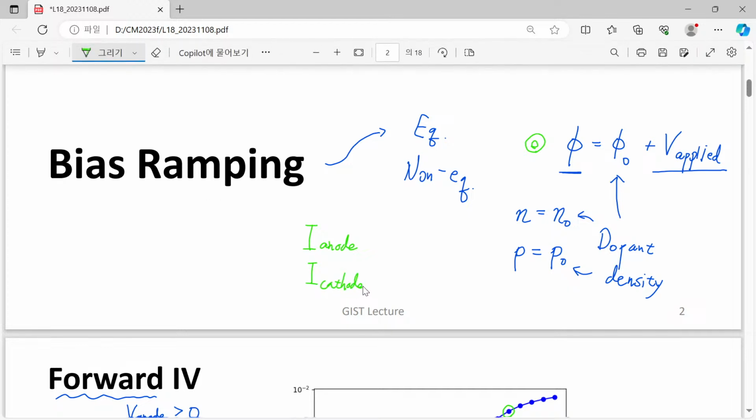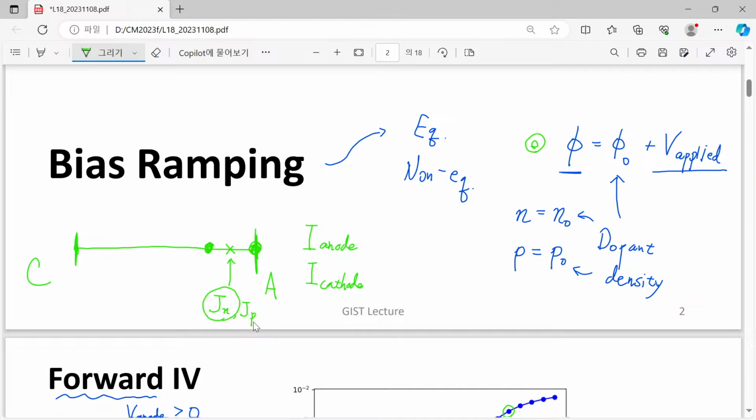Do you remember how we did it? Let's say this is your cathode and this is your anode. This is the end point and this is the nearest neighbor of our anode point, and then there is a certain midpoint. There you can find quantities like Jn and Jp.